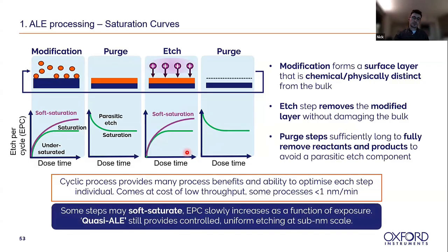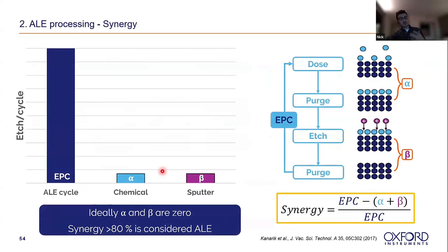I should say some people are also trying to target these soft saturation ALE processes as a way to try and get the benefits of ALE and mitigate some of the throughput issues they're having. And this is typically called quasi-ALE. It does still provide a lot of processing benefits, and it's slightly faster, but you might not get quite as good a uniformity in your etching process. That's a little bit about saturation curves.